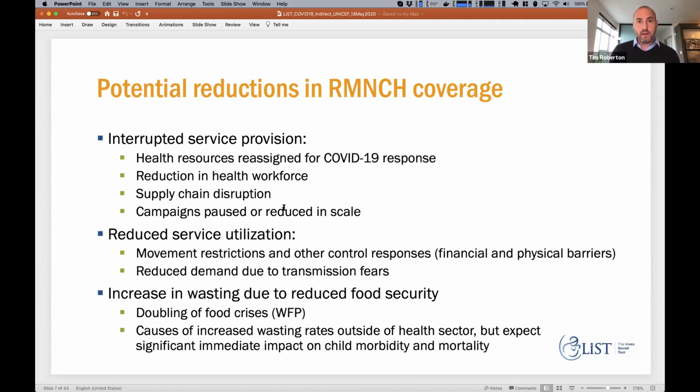So the World Food Programme, as I'm sure many of you have seen, are suggesting that food insecurity might spike, many more children not being able to get sufficient macronutrient intake. And we thought that's important to capture here because obviously an increase in wasting will have an impact on mortality. So this is largely outside of the health sector, but nonetheless a health issue because it increases risk of dying from other infectious diseases.